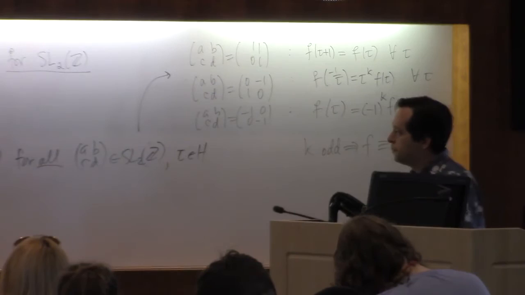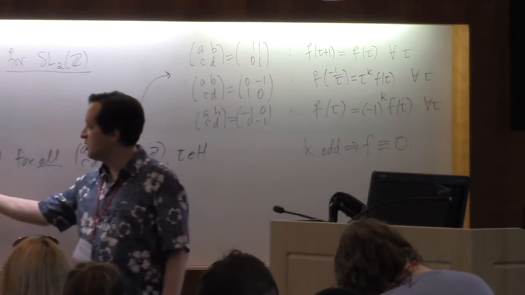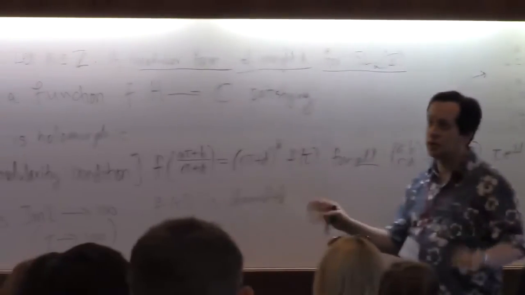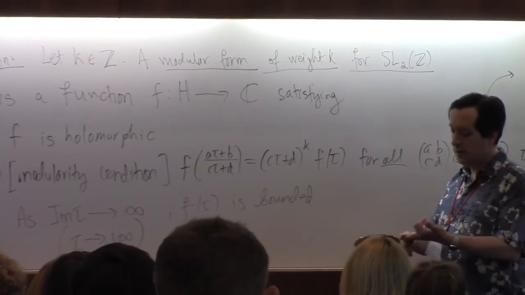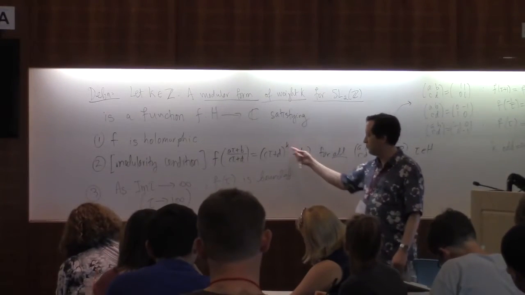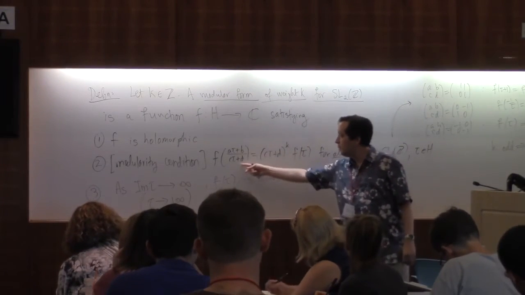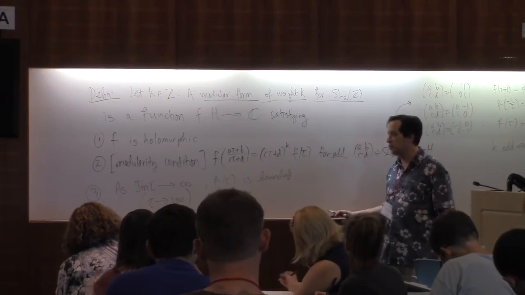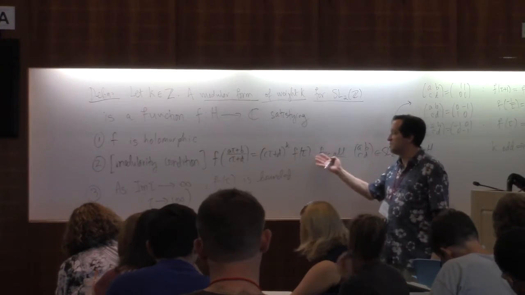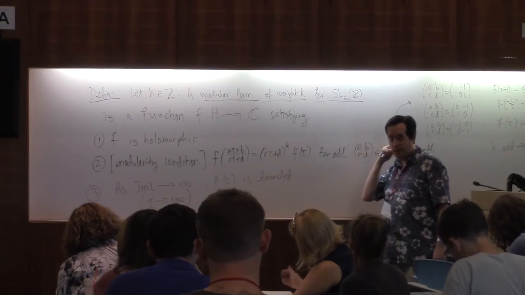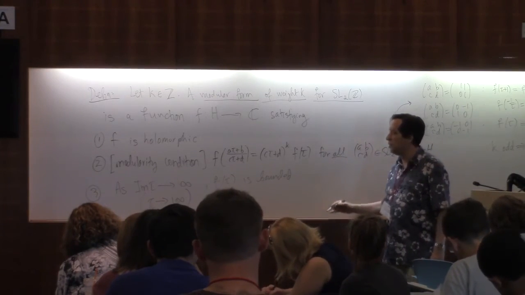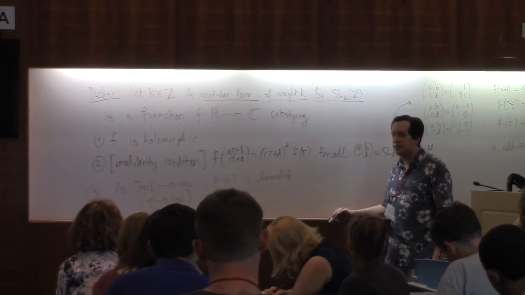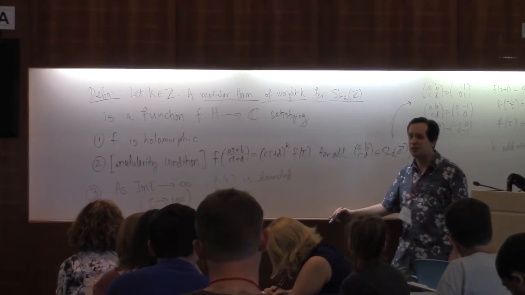Okay? So I have, of course, haven't given you any actual interesting examples, with the 0 function all the time and constant functions with the weight of 0, and that's boring. So this condition, I explained in the lecture notes, which will be posted online, that this condition is natural, if it doesn't seem that way to you, from the viewpoint of the developments of complex analysis and hyperbolic geometry in the 19th century.